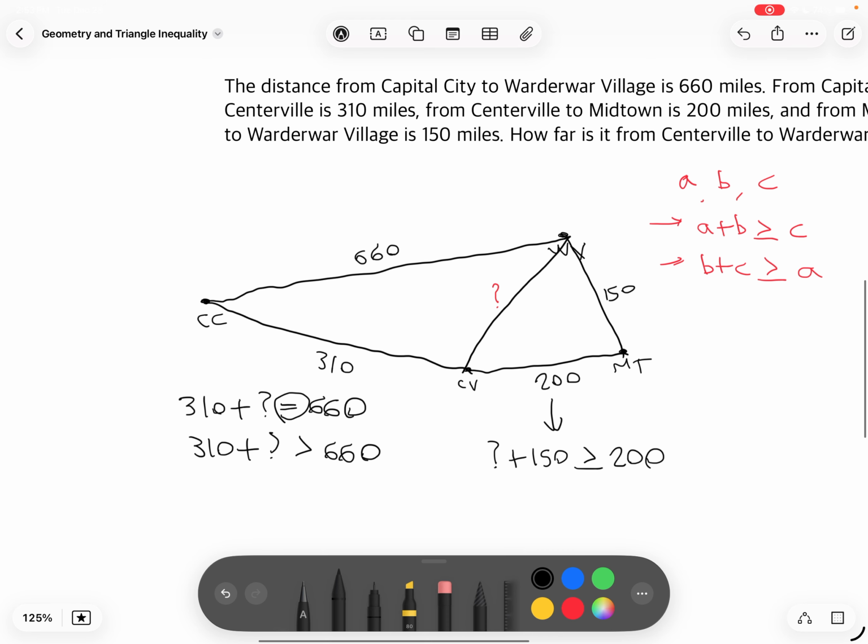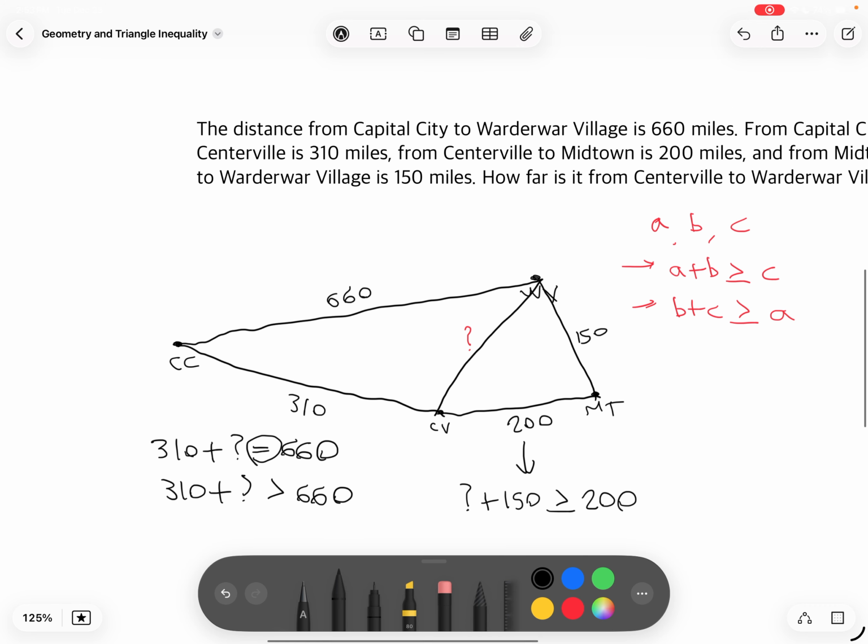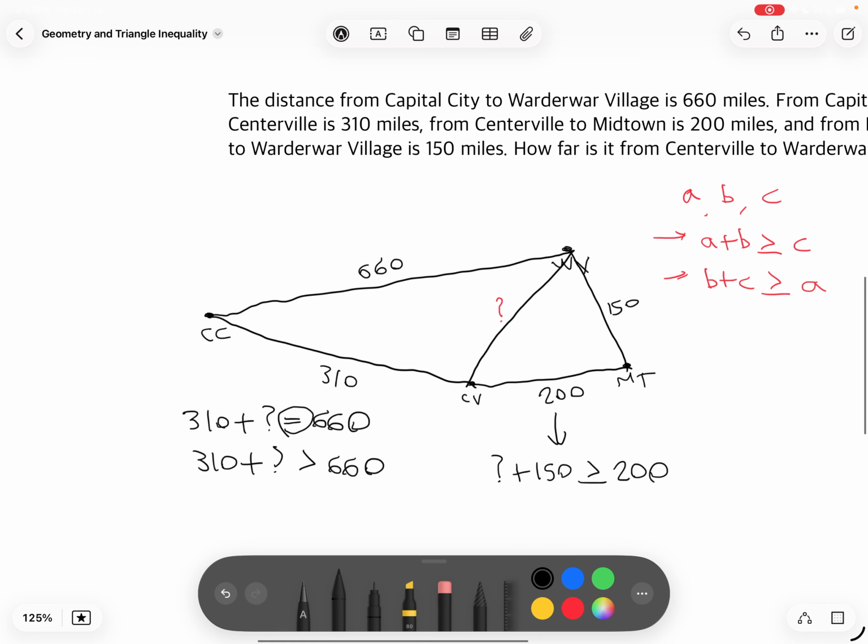So we now know what we need for this question mark with these two inequalities. The only number satisfying both of these triangle inequalities is going to have to be 350.